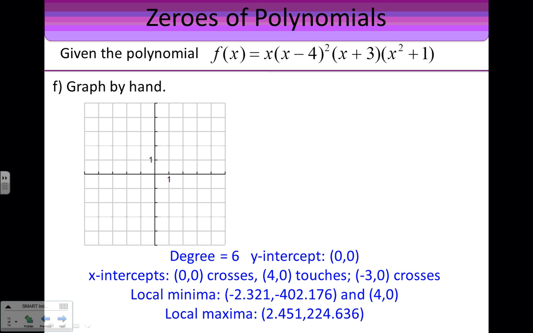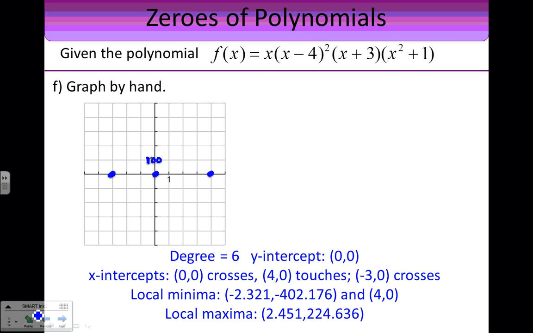We know that our x-intercepts were 0, 0, 4, 0, and negative 3, 0. Okay, and it crosses at 0, 0, touches at 4, 0, and crosses at negative 3, 0. Let's go ahead and change this so we're counting by 100, since we know our maximum and minimum are pretty high up there.